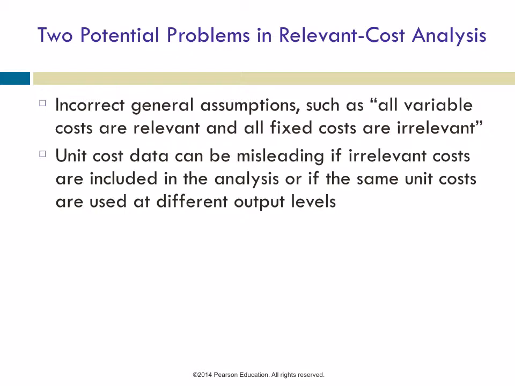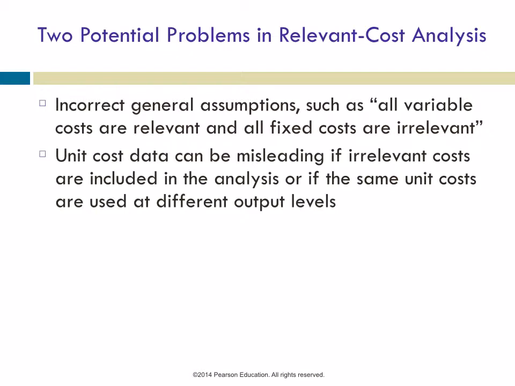Neither one of those is always true, as we can tell just by knowing that, first of all, fixed costs are only fixed within a relevant range, as we've talked about before, and we also know that variable costs just means that they vary with units of output. It doesn't necessarily refer to varying as in being a different cost between two alternatives. So I think that's one of the problems with getting that mixed up in your mind.